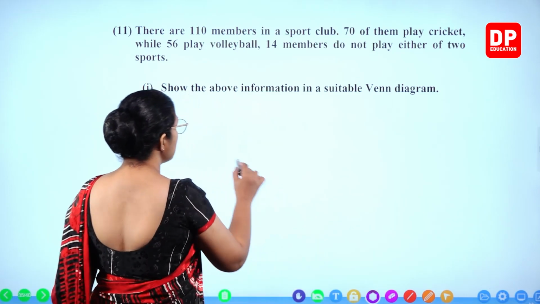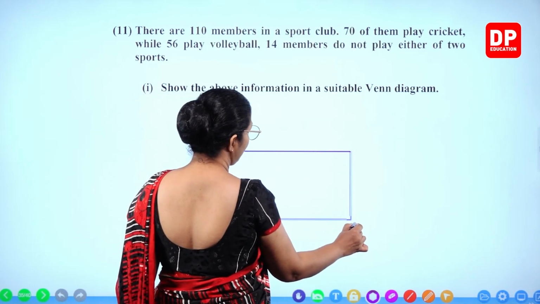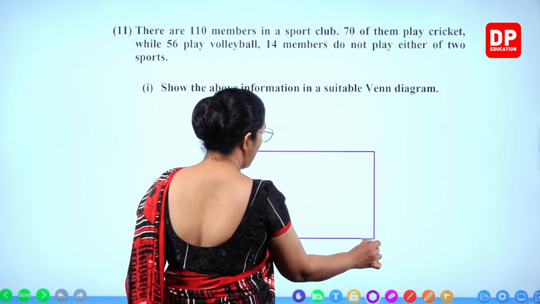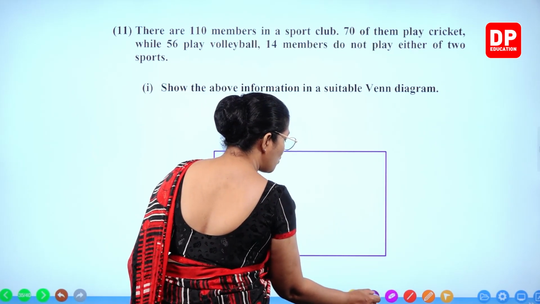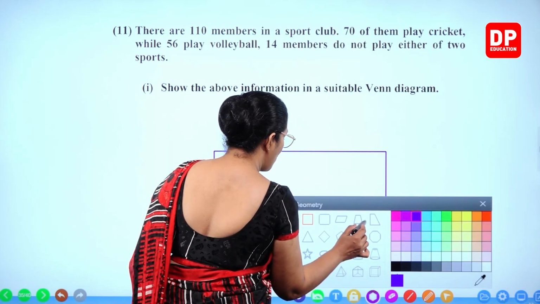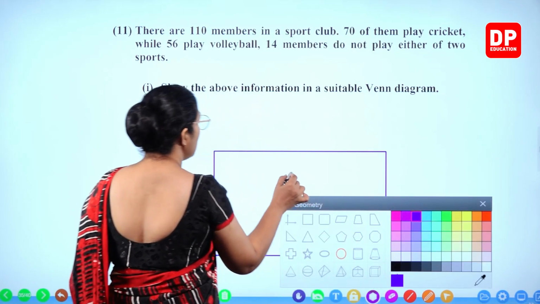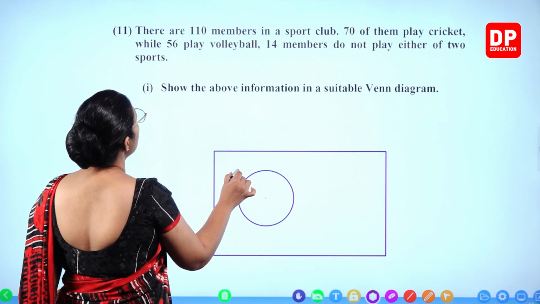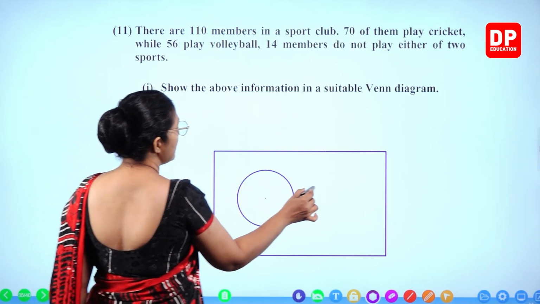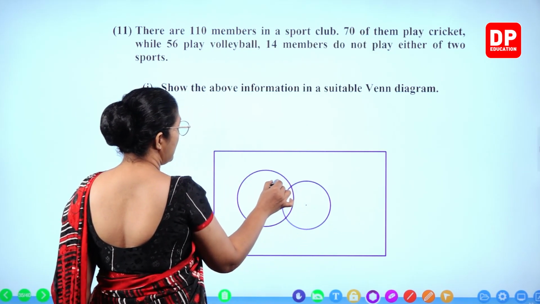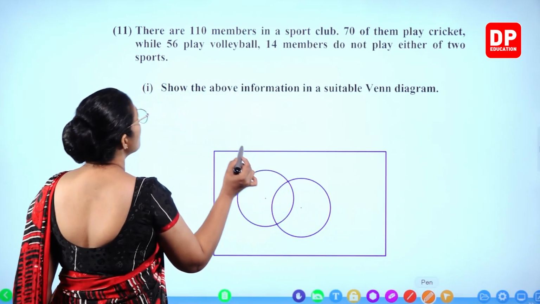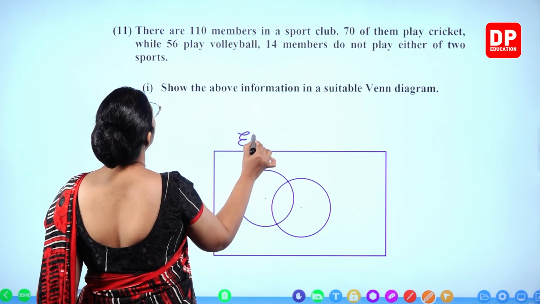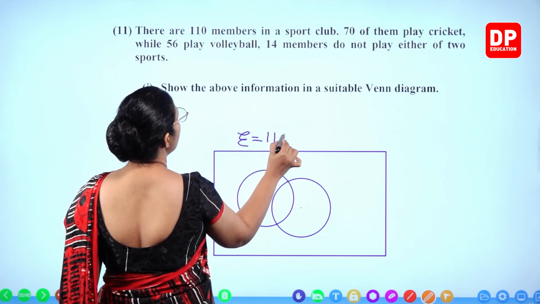So you have to first draw the rectangle. That's the entire set. Then we can draw 2 circles to show those who are playing cricket and those who are playing volleyball. So the entire set, how many members? 110.